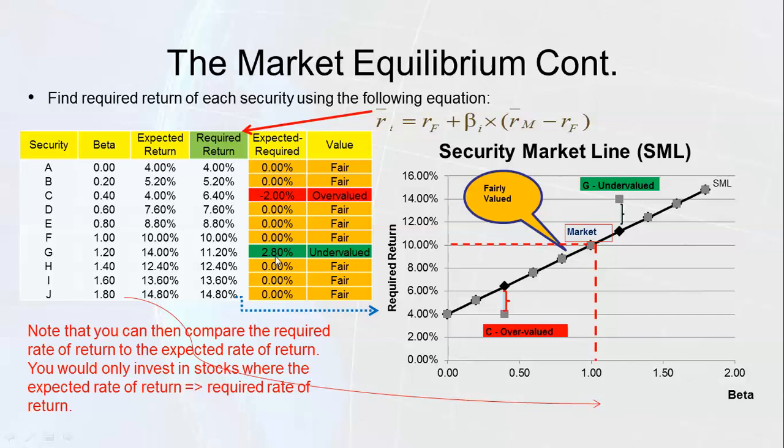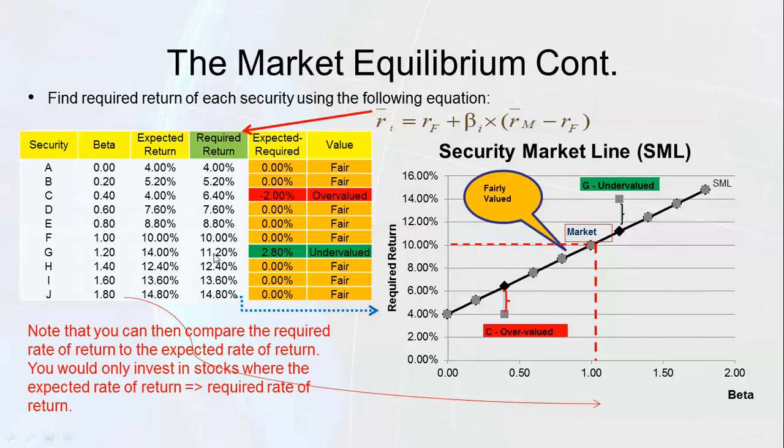In security G, your required rate of return is 11.2%, but your expected return is more than your required rate of return. In that case, this security is undervalued. In other words, you pay too little. This stock is cheaper.